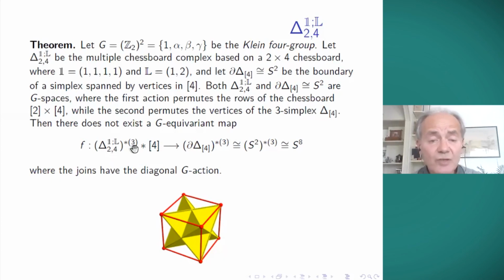And then you have 2-spheres to the third join power, it is S8, and this result essentially says that with respect to the Klein group action, the 8-sphere joined 4 cannot be mapped equivariantly to the 8-sphere, and of course it is correct.